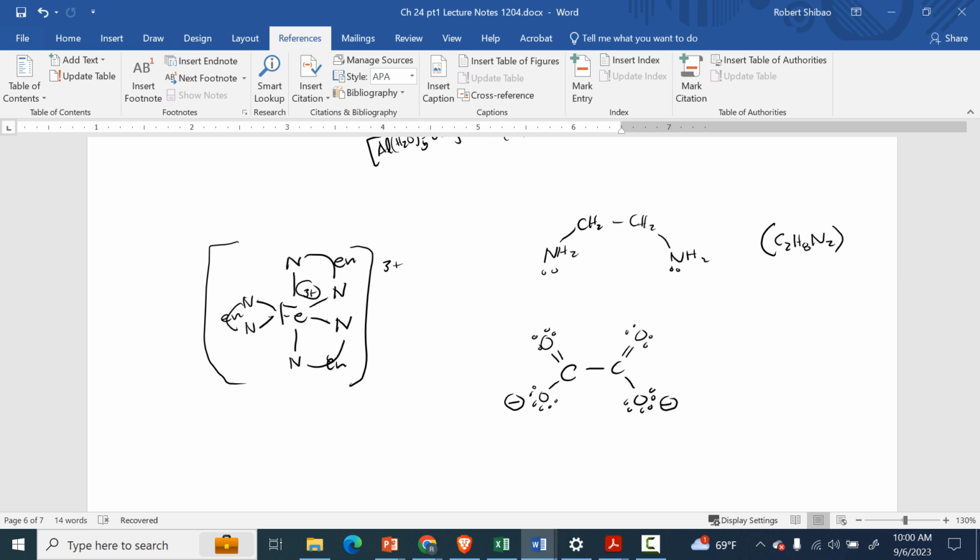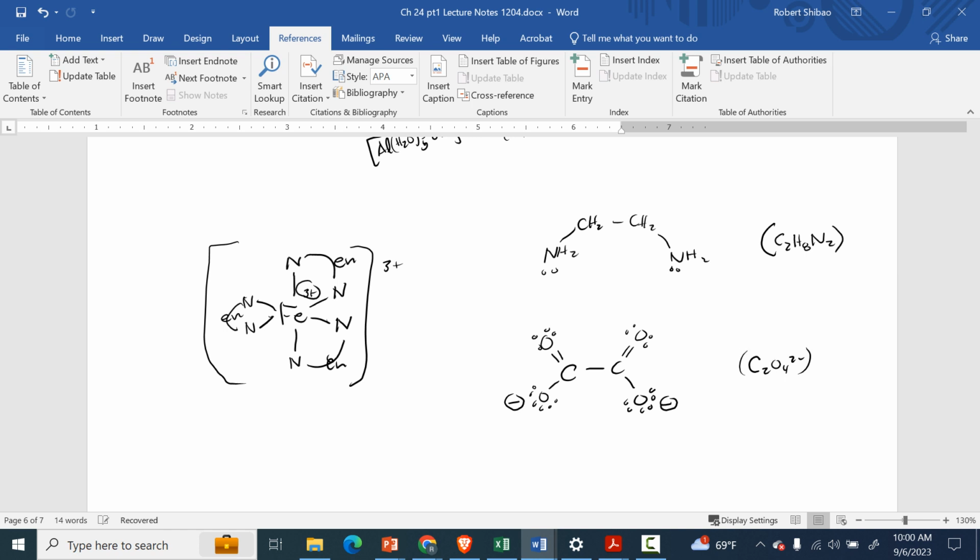And so it's like acetate. But acetate would have two carbons. This only has one carbon. So this would be methanoate, two back-to-back methanoates is one way of thinking about this. And normally this formula is written C2O4 2-.